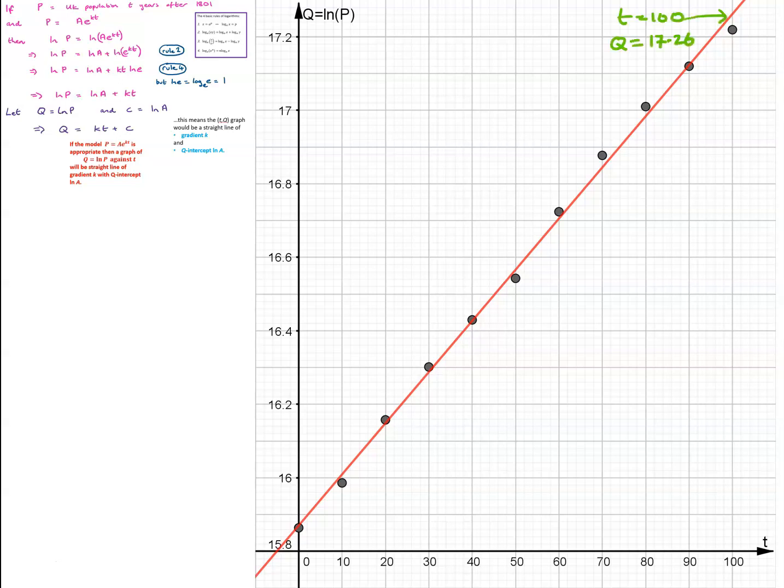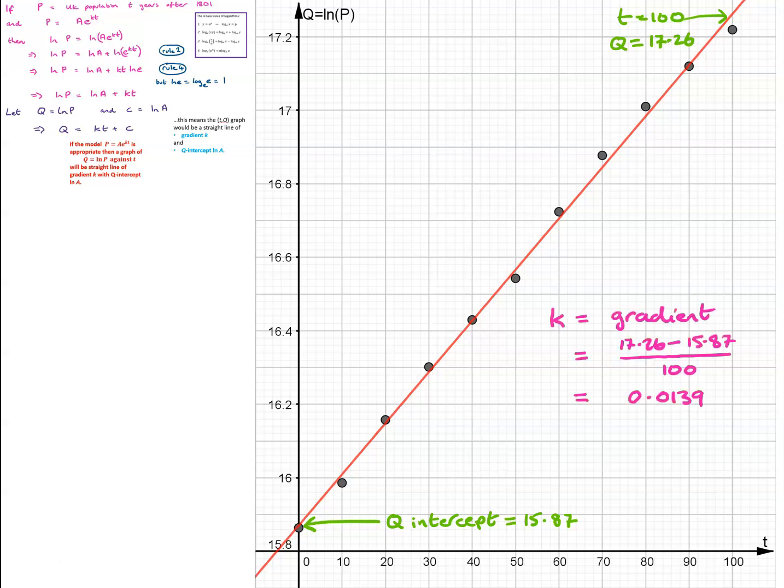If I take the point on the regression line where t equals 100, I can see the q value is 17.26. If I take the point where t equals 0, the q value is 15.87. So I can use that to calculate the gradient of my best fit line.